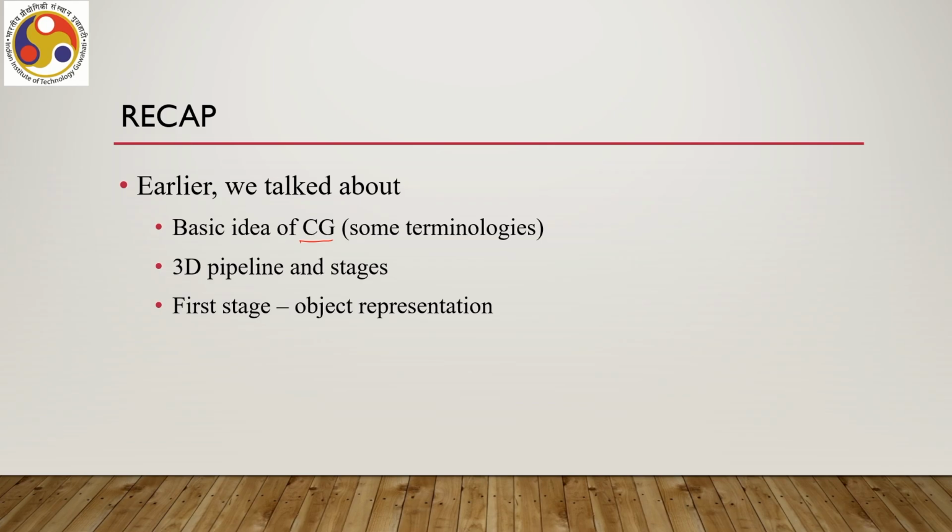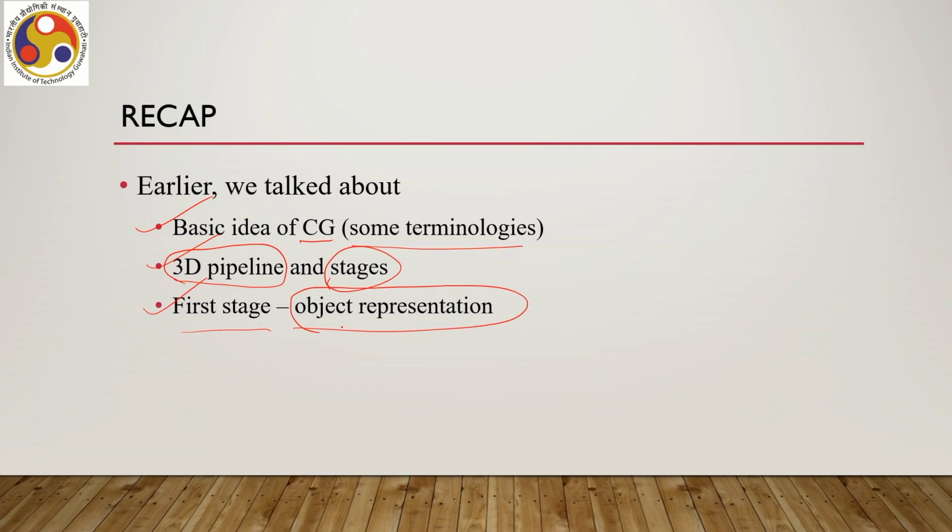So, we started our discussion on computer graphics, we have gone through some basic terminologies. Then after covering the basic idea, we covered the idea of the 3D graphics pipeline and also the stages constituting the pipeline. We have also covered the first stage of the pipeline, that is the object representation.